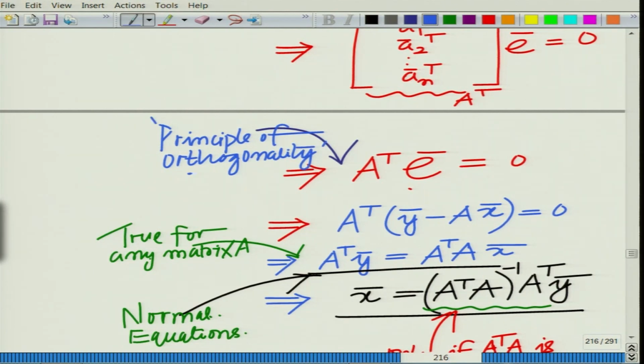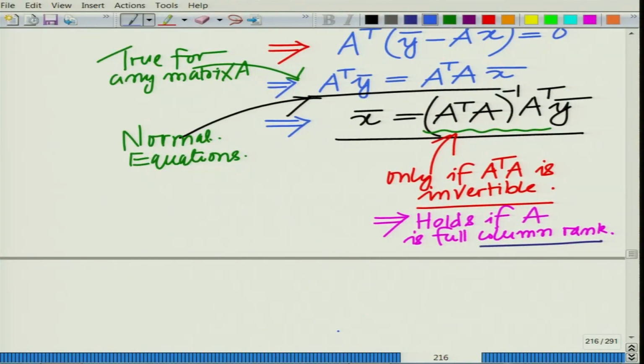The error is minimum when it is perpendicular to the span of the columns of the matrix A. If you use that condition, A transpose E bar equal to 0, and substitute for E bar equal to y bar minus Ax bar, simplify it, you get exactly our least square solution without doing any of the rather complicated mathematical derivation.